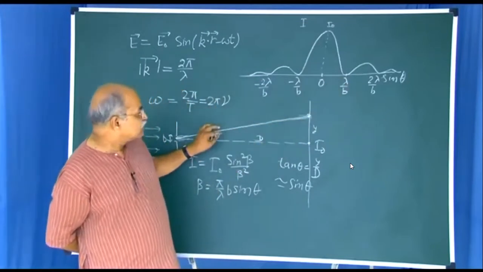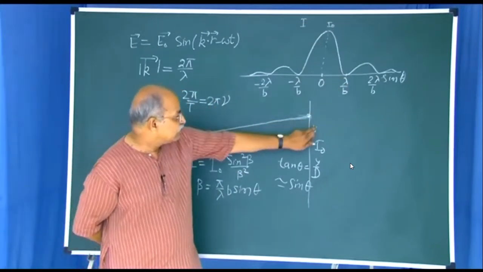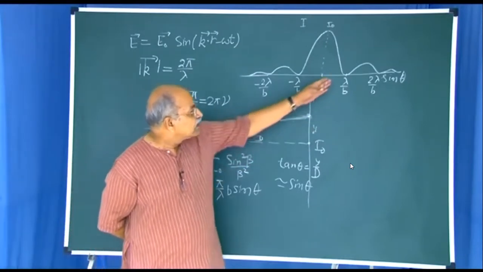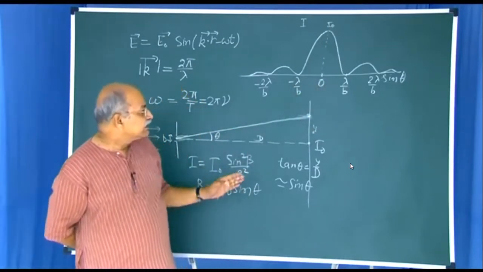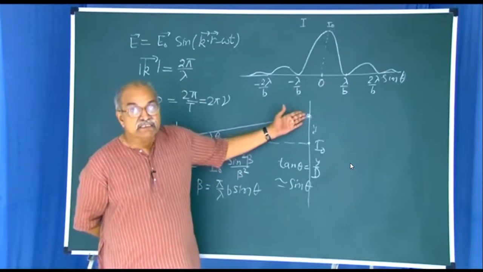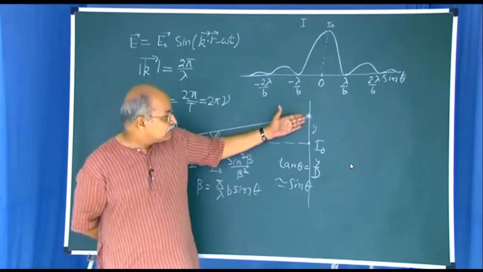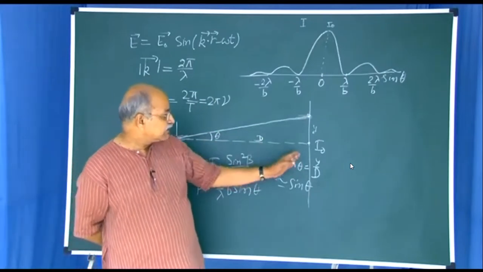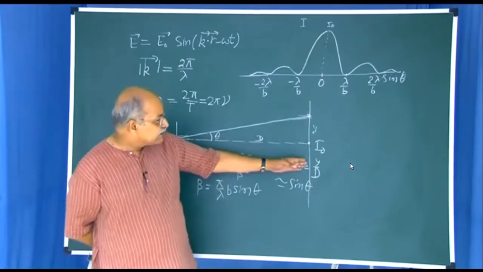When this sine theta, which is almost tan theta, which is small, y by capital D, is equal to lambda by b, then the intensity there will become 0. On the other side also, when sine theta becomes lambda by b, the intensity is 0.